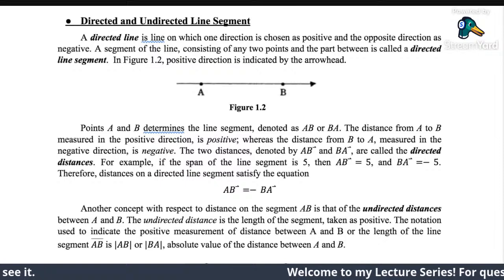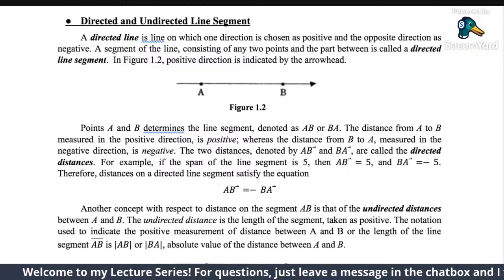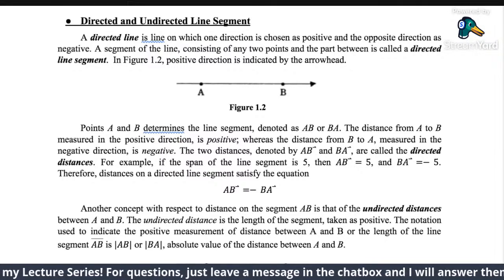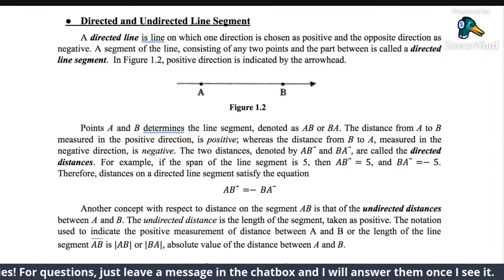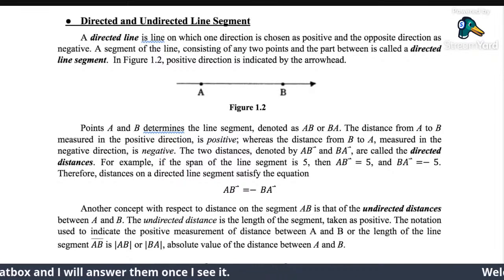Here, points A and B determine the line segment. We have a line segment AB, denoted by these 2 points. This could be AB or BA. The distance from A to B measured in the positive direction is positive, whereas the distance from B to A measured in the negative direction is negative.